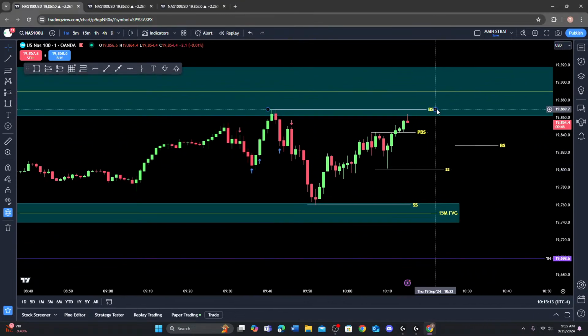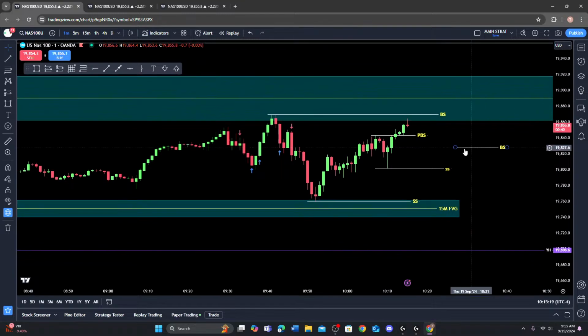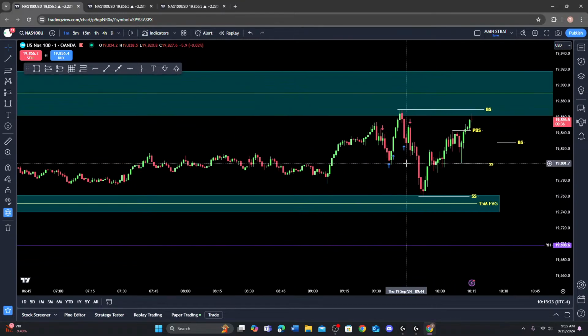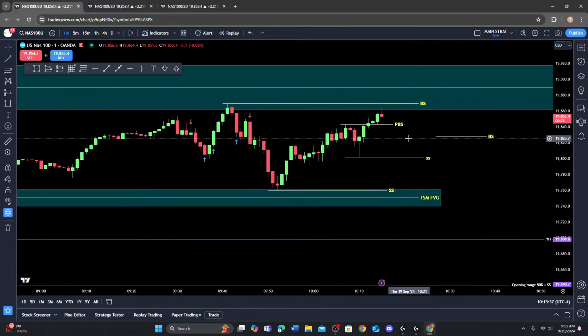So we're gonna run buy side up here. If we fail to take out that buy side, we can look for a run lower. That's something that actually really has helped me read price action: failing to take buy side is also an indicator of some weakness.